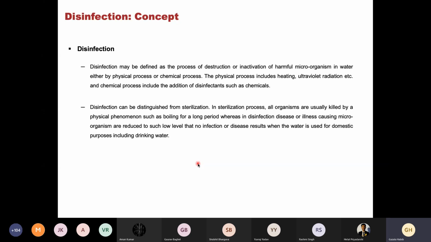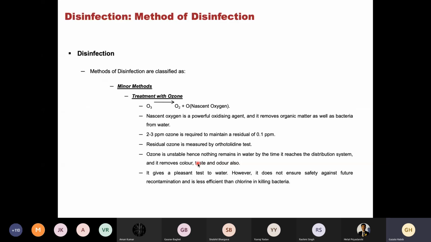So here I have put the definition of disinfection and what kinds of disinfection processes are used. Now I start with the minor processes, which is using ozone, which produces nascent oxygen.